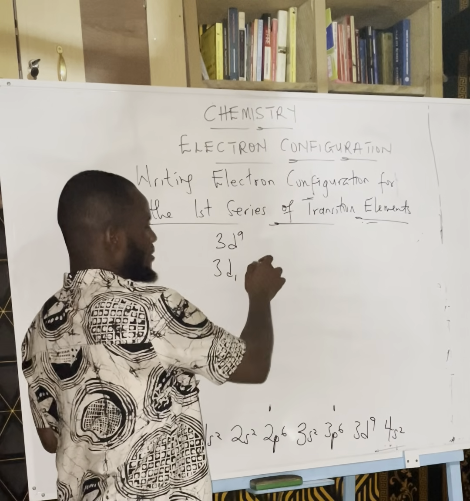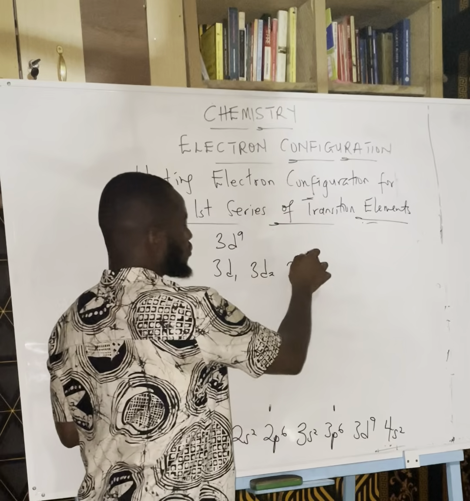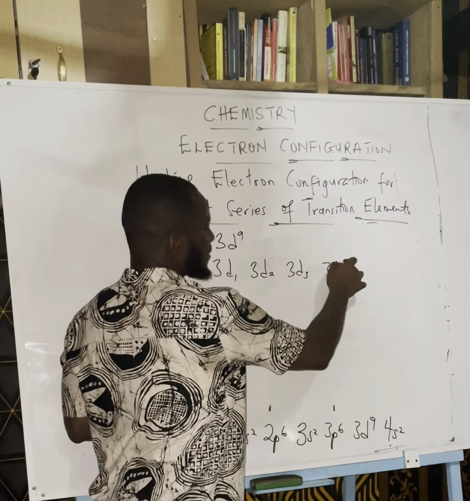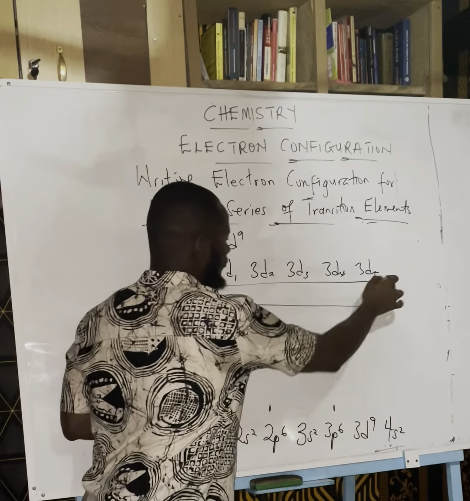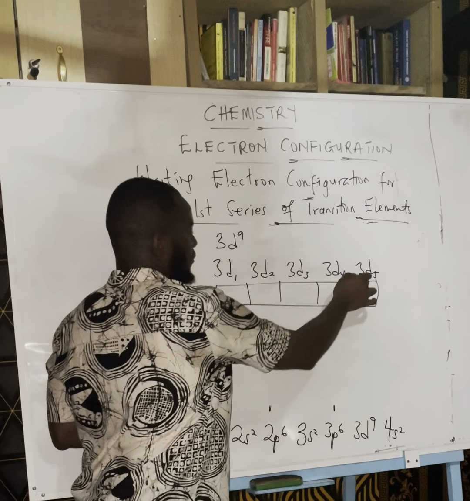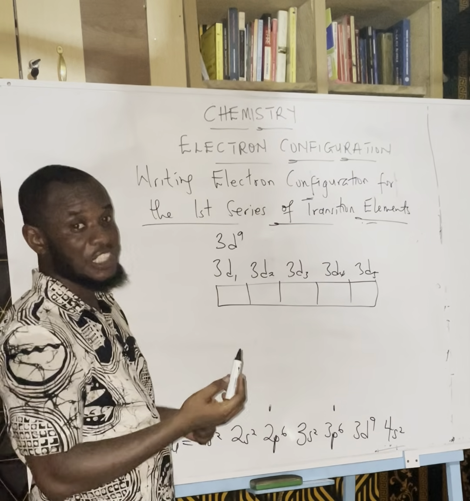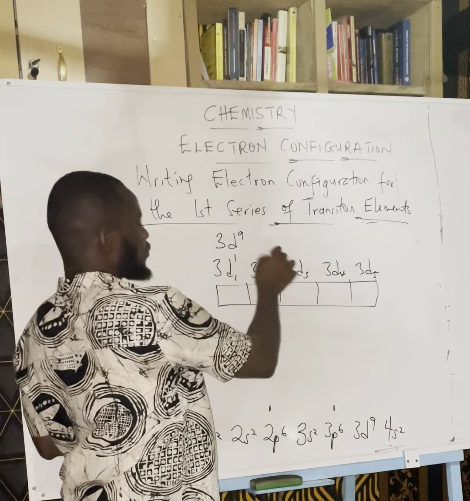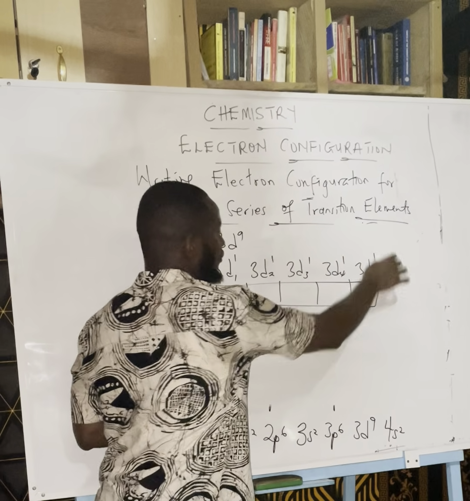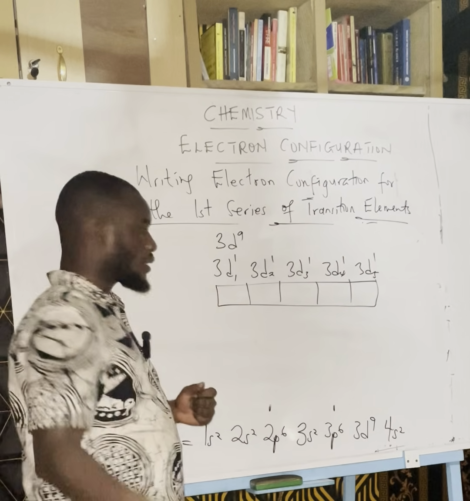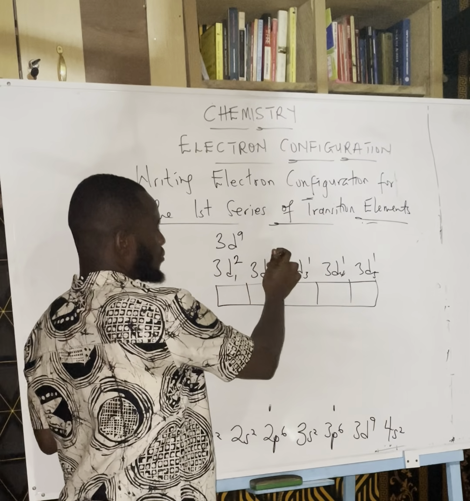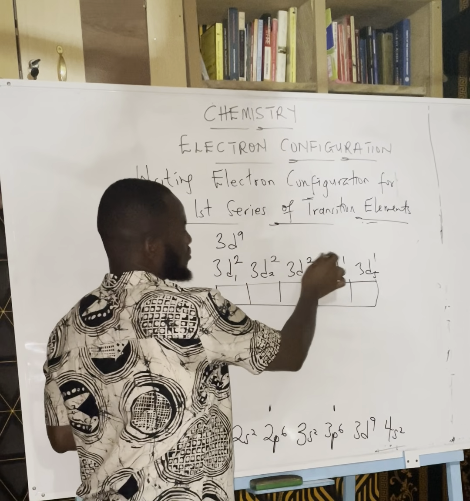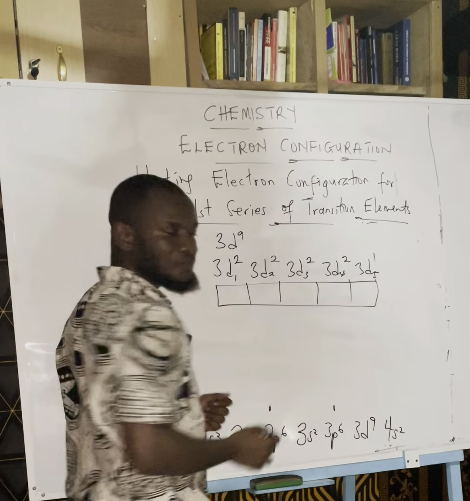Remember, say 3d1, 3d2, 3d3, 3d4, and 3d5. These are 5. So for you to fill this, 1, 1, 1, 1, 1, then you have to come back and pair them. So this one will take 2, this one will take 2, this one will take 2, and this one will take 2.